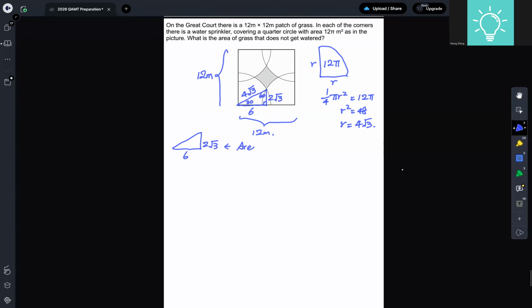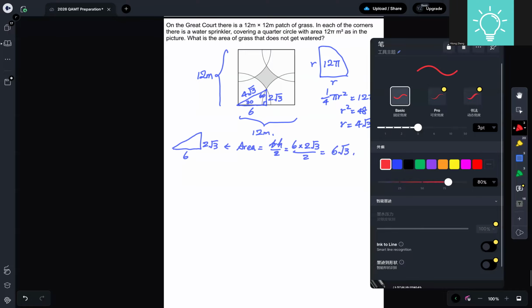The area of that is half times base times height. And that's just half times 6 times 2 square root of 3, which is 6 square root of 3. That is the area of the triangle. Okay.